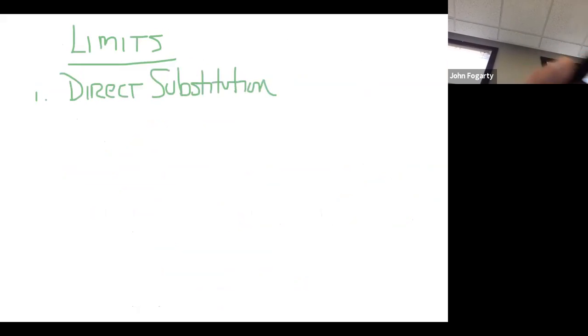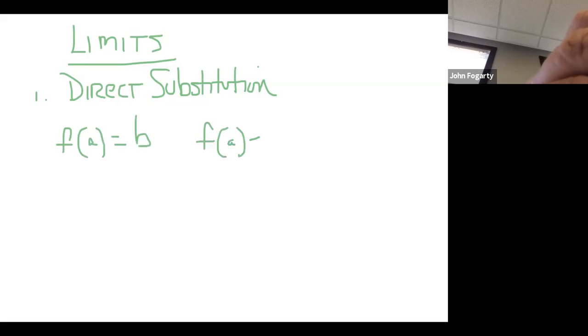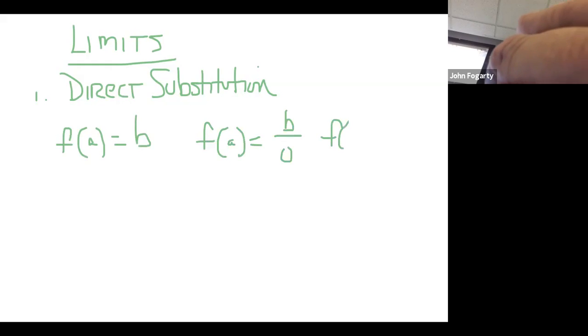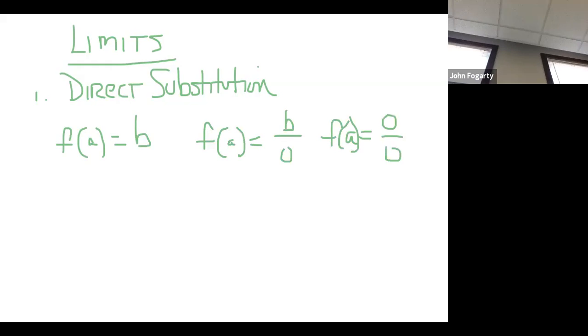When we do direct substitution, we're going to get one of 3 values. We're going to get something that looks like this, or something that looks like this, or something that looks like this. That's the 3 things we talked about.